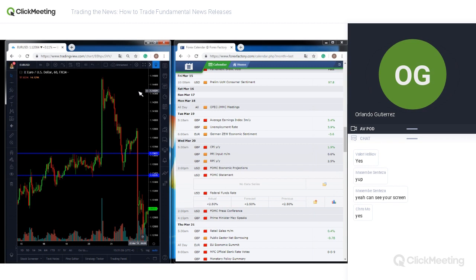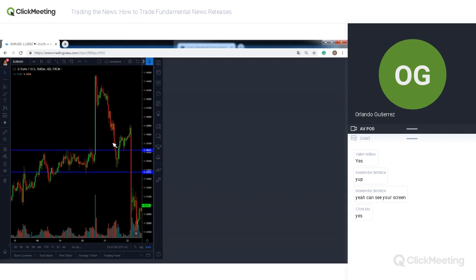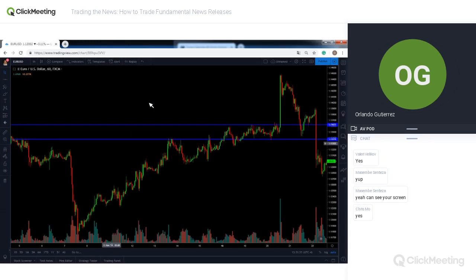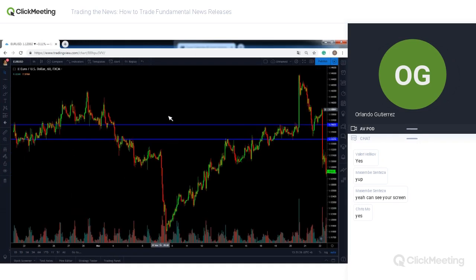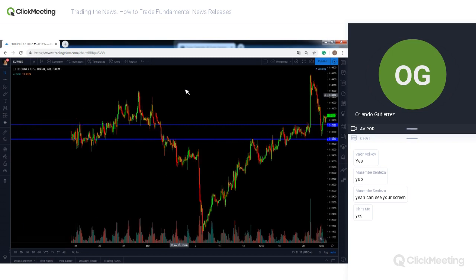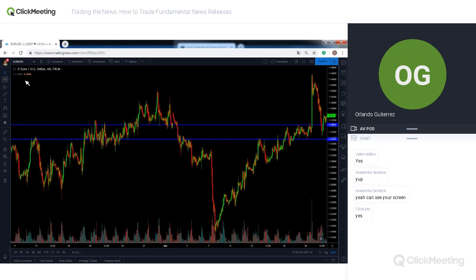Now, where are you going to be taking profits? Well, that's easy. We are just going to go ahead and zoom out to look at the actual resistance levels that might be in play right here. And we have one, which is the previous high right here that we broke completely.